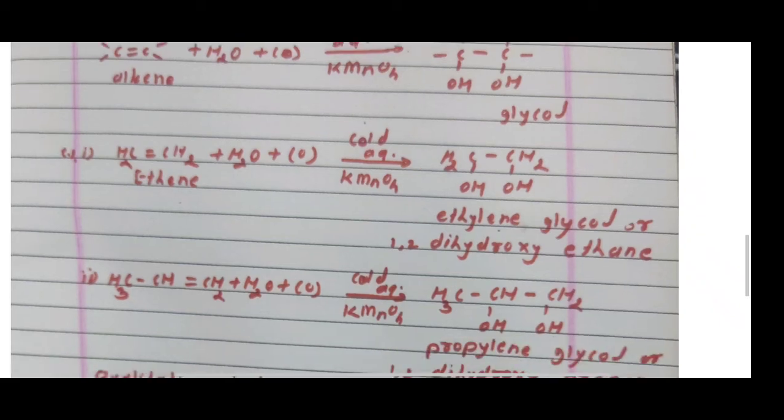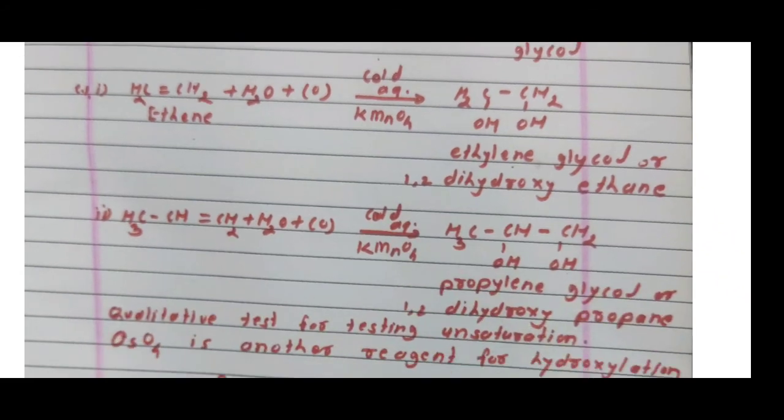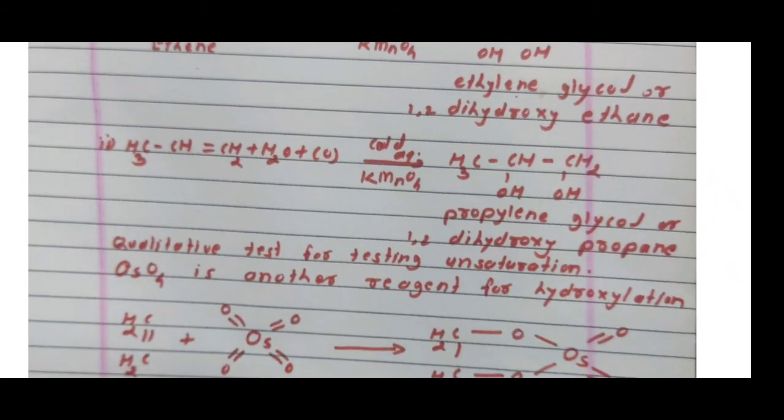Then I am taking a further example, 1-propene. 1-propene plus H2O plus O in presence of cold aqueous KMnO4, formation of CH3 CHOH CH2OH. Name of this compound is propylene glycol, or another name of this compound is 1,2-dihydroxy propane.